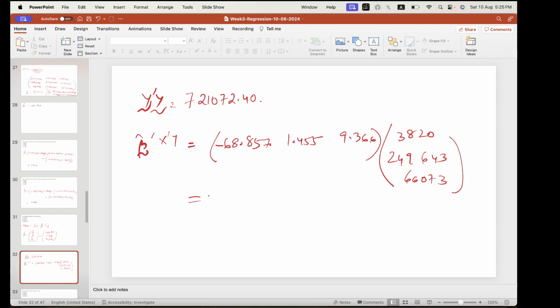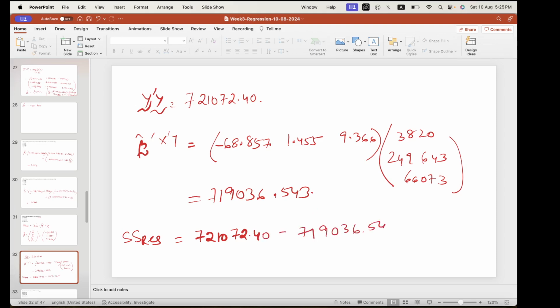So this amounts to 719036.543. So therefore SS due to residuals would be 721072.40 minus 719036.543.